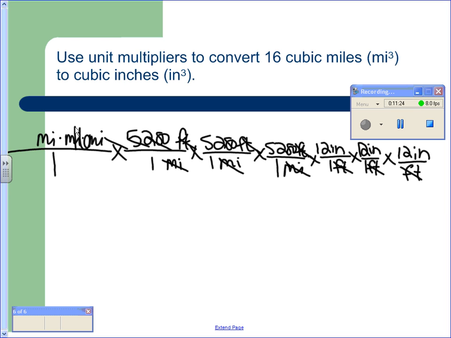Does that make sense? Yes. You can't. You can't go from cubic miles to square.